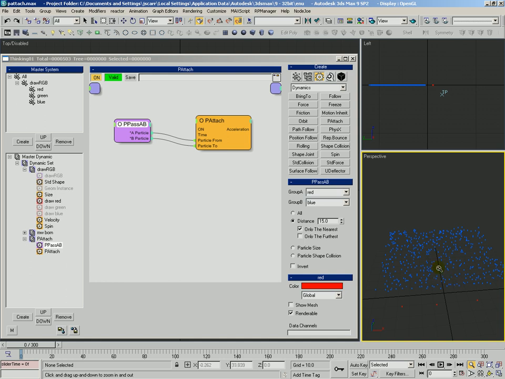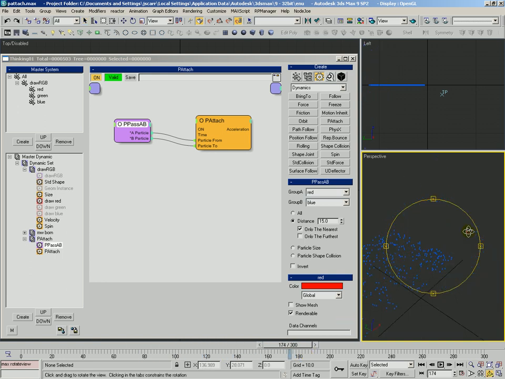So what this will mean for us here is that the PAttach is going to occur only at one particle at a time. And so those blue particles are going to be kind of lifted up and moved around, pushed around, but they're not going to stay attached to that red particle. Only the one closest to him is going to be using that attachment.